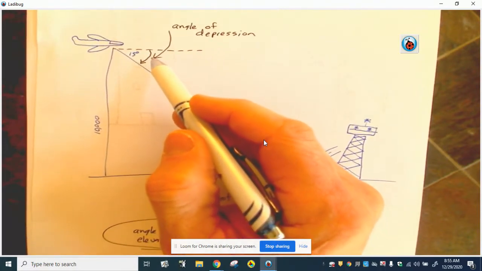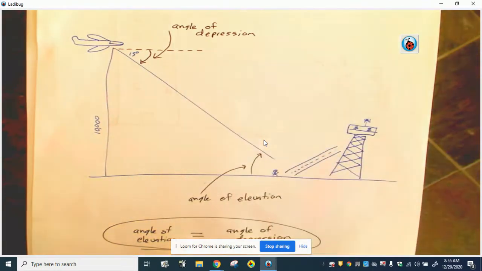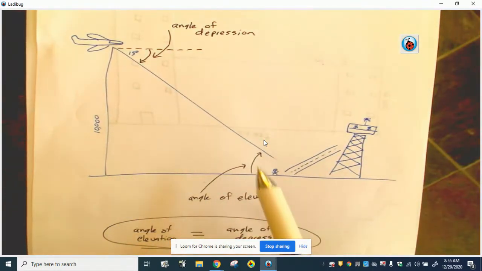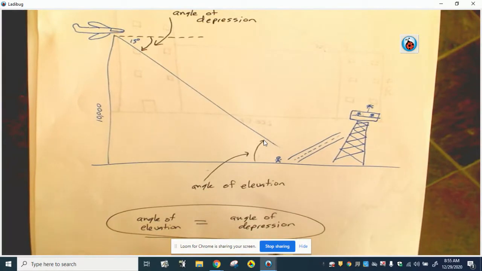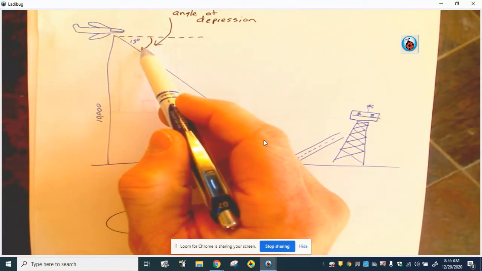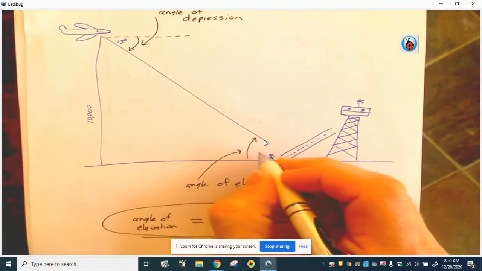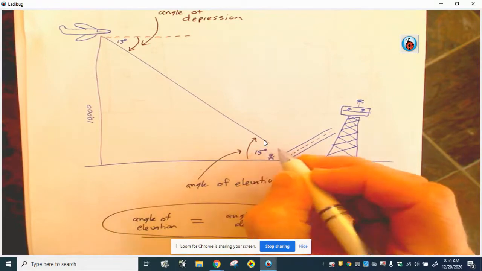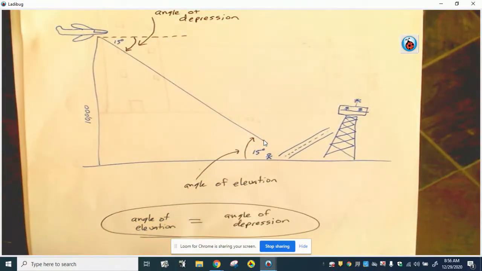Now, with some basic geometry of alternate interior angles, it's pretty easy to see that your angle of elevation and your angle of depression should always be equal to each other. So if this angle of depression, let's say, is 15 degrees, that means this angle of elevation is also going to be 15 degrees. So that's very, very important to remember.